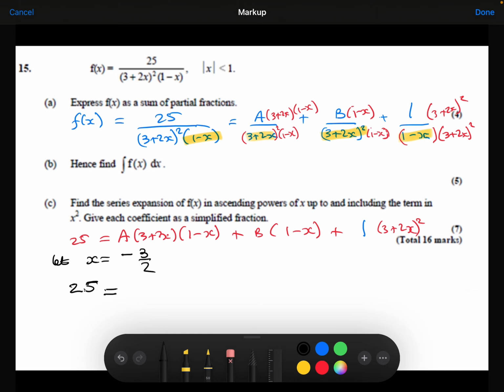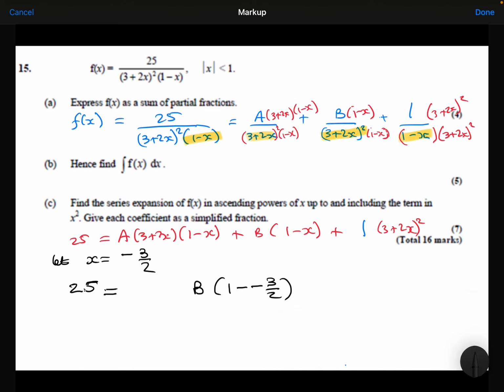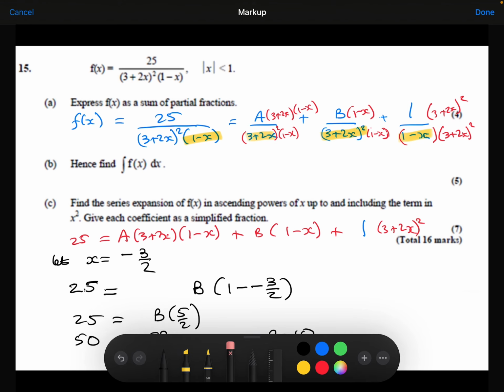Like I say, the a term will be 0, the c term will be 0, and I'll just get b times 1 minus 3 over 2. So 1 plus 3 over 2 is 5 over 2. So times both sides by 2, and I find that 5b equals 50. Therefore, b equals 10. So now we know b is 10. We can replace that here and here.